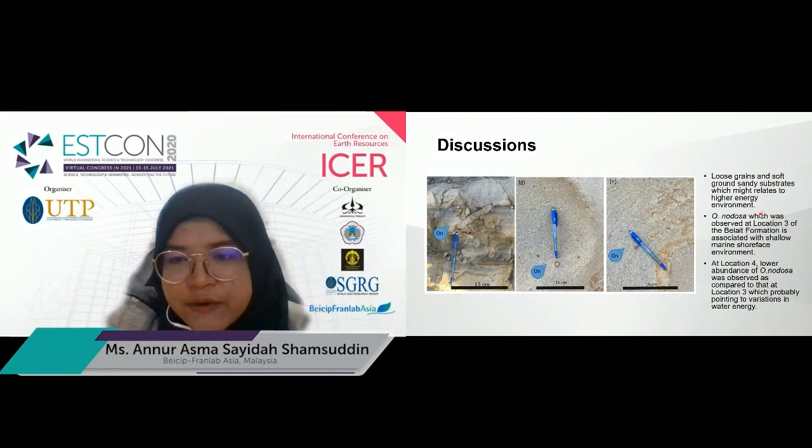As for the Ophiomorpha, here we have location 3 for the Belait Formation, and then here, which is location 4. A lower abundance of Ophiomorpha nodosa was observed in location 4 compared to location 3, which probably points to the variation of the water energy.